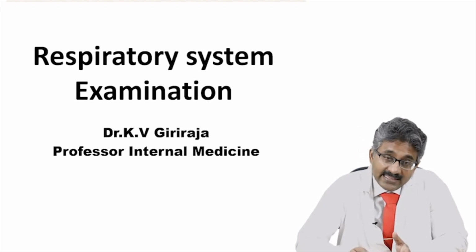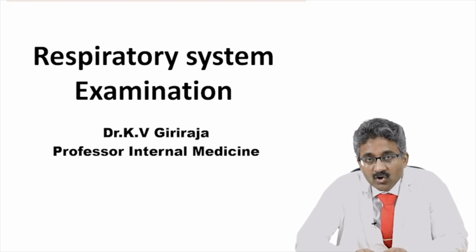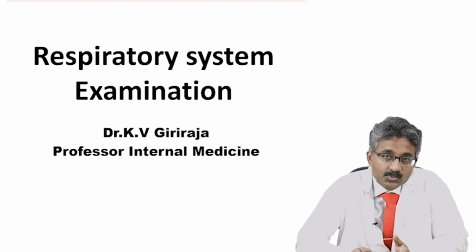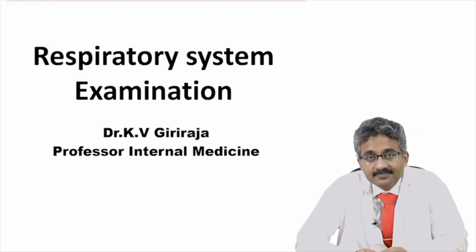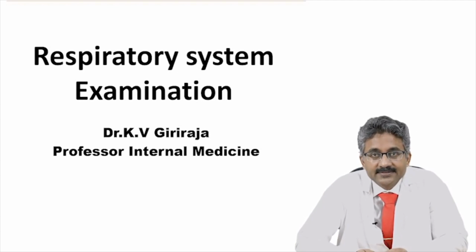Sputum can be serous, mucoid or purulent. Serous you get in bronchoalveolar carcinoma and pulmonary edema. Mucoid you get in bronchial asthma and chronic bronchitis. Purulent, you get in suppurative lung diseases and bacterial infections.